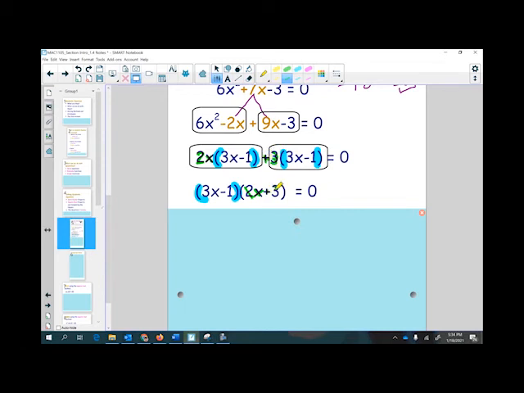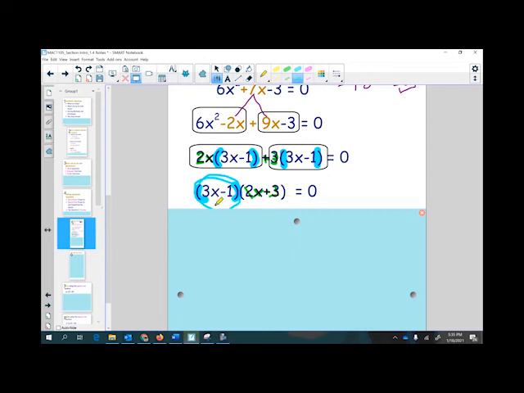Now I've got my polynomial factored. The left side of my quadratic equation is factored. So I have this whole piece right here times this second piece here equals 0.